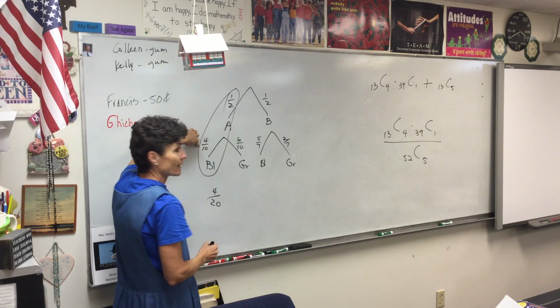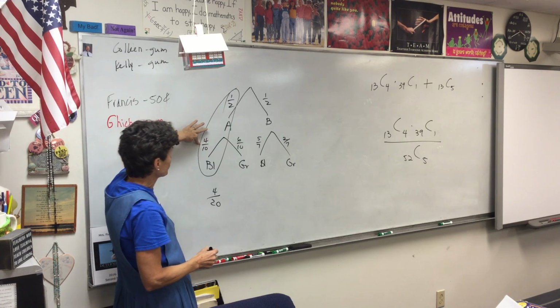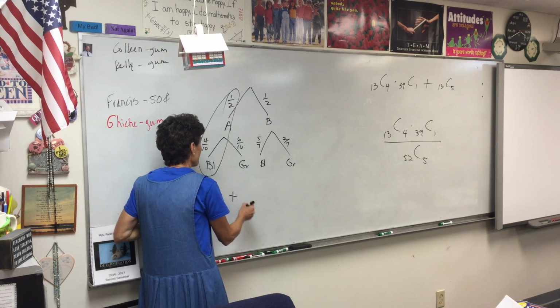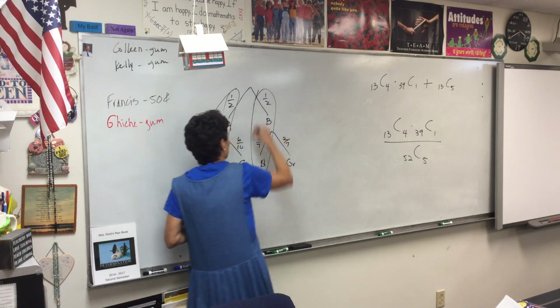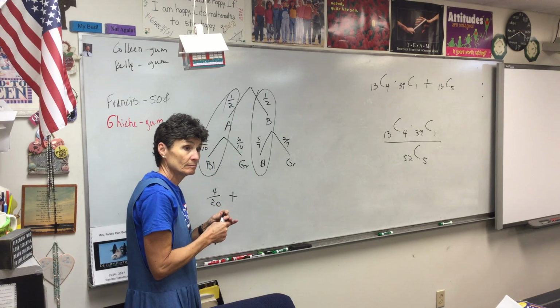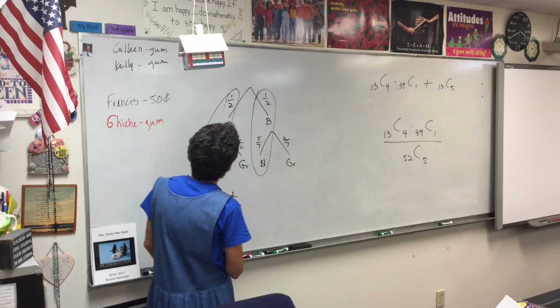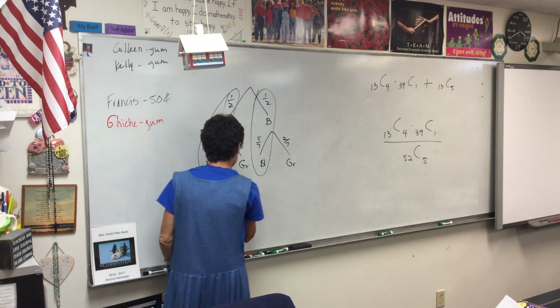I'm not reducing yet, I'm just multiplying them. That would be 4/20. Or I can get a blue M&M out of bowl B, right? Which would be 5/14.